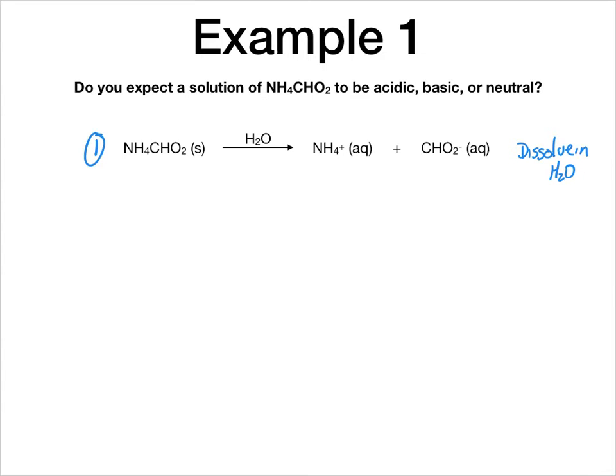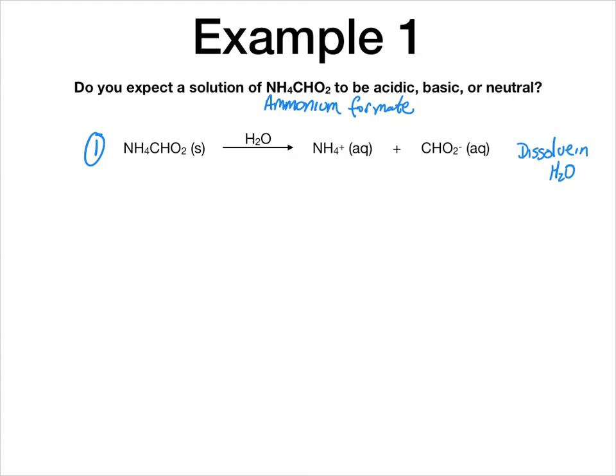Now, this is ammonium formate. It can be a little tricky to figure out which ones are their ions, but I believe that as you use the Ka-Kb table and become more familiar with these, you can start seeing some of the patterns.